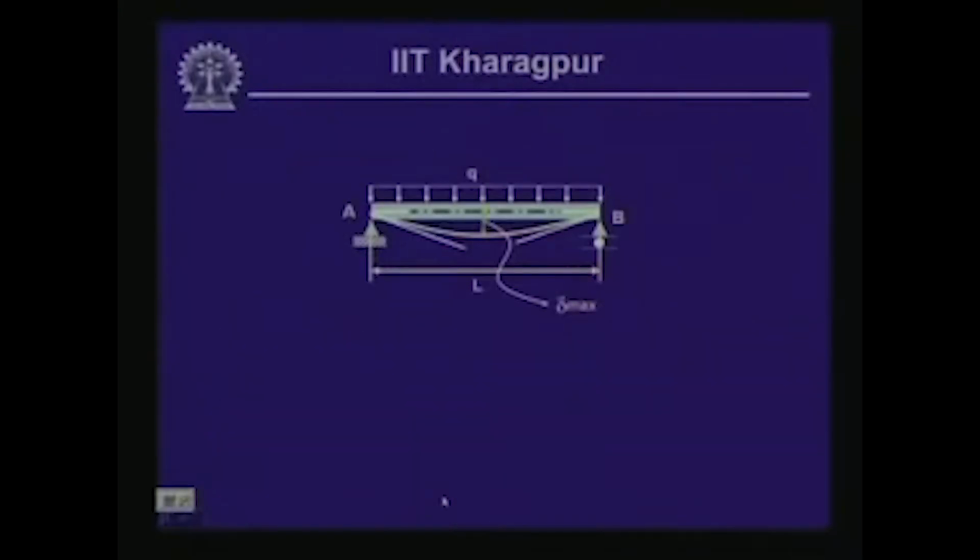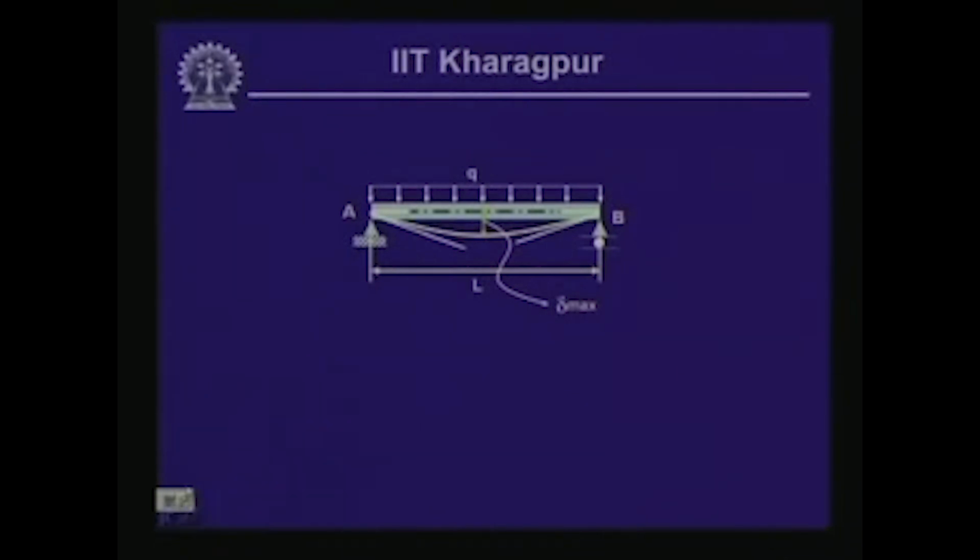We have computed first the equation of the deflection curve, and consequently we have computed the deflection at the center of the beam, which is the maximum deflection in this particular case, and consequently the rotation at A and B at the support points. Well, let us look into this.